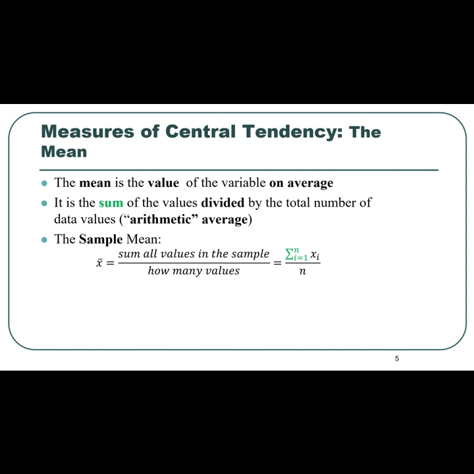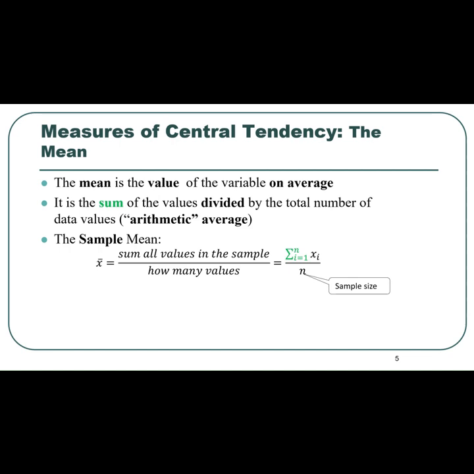Notation wise, the sum is represented as a sigma, Latin letter sigma, and xi is the value of your observation number i among n values, where n is representing the sample size.